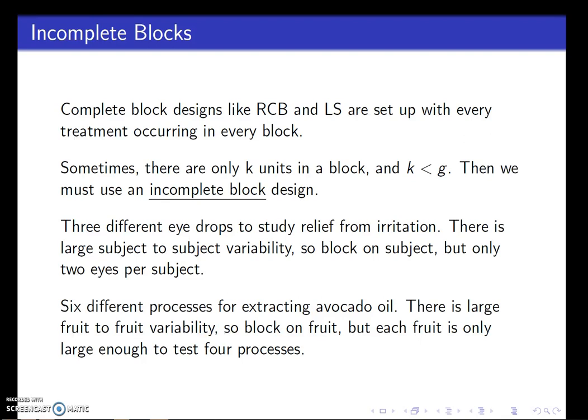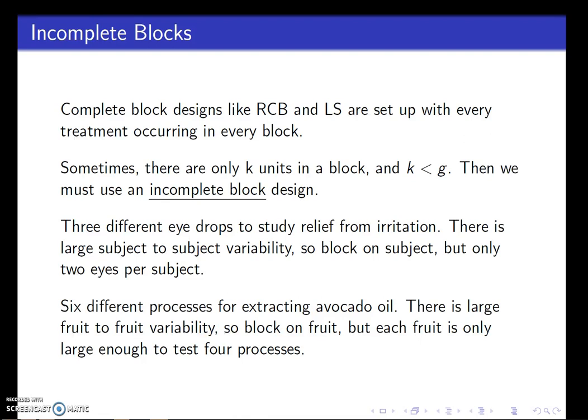That's great when we can do that. But sometimes we only have K units within a block and K is smaller than G. So remember, G is our number of treatment levels. And so if we only have K units within a block, we obviously cannot completely replicate all treatment levels within a block. So in these cases, we need an incomplete block design.